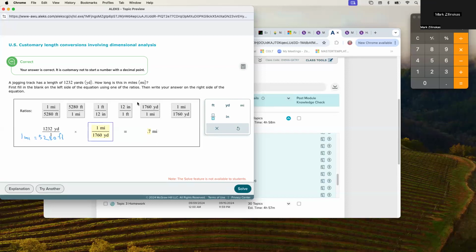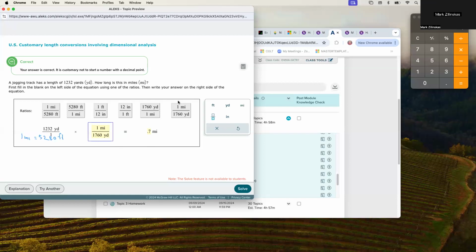So that's how we use these customary conversions. I showed you the other way, but they're kind of forcing you to use the second way that I demonstrated in that previous example. That's why I presented it in two ways, to show you really you're just doing the same thing.